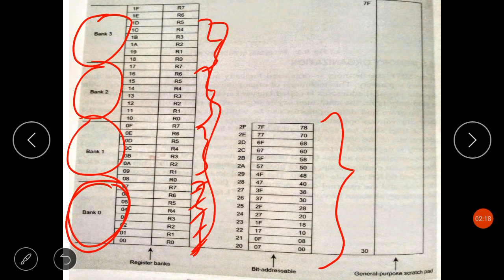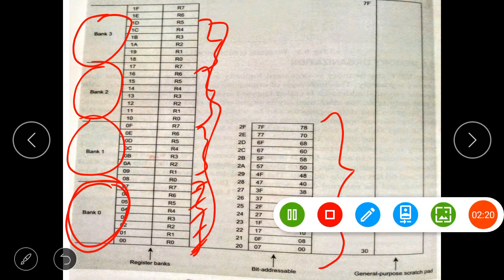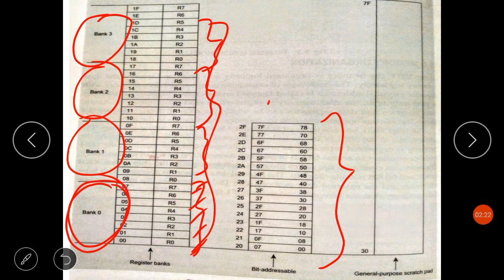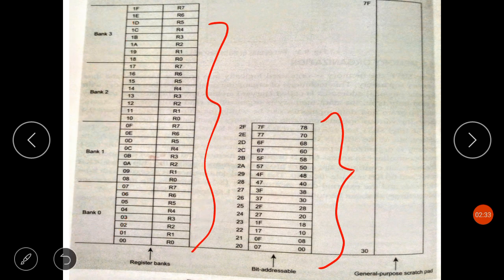Now these registers have been designated as R0 to R7, but the registers also have addresses. Here you can see 00, 01, 02, 03. These are the addresses of the registers.